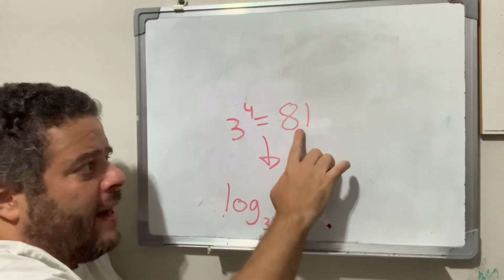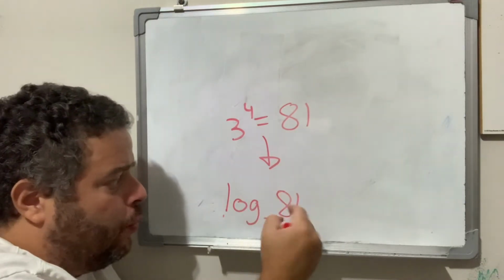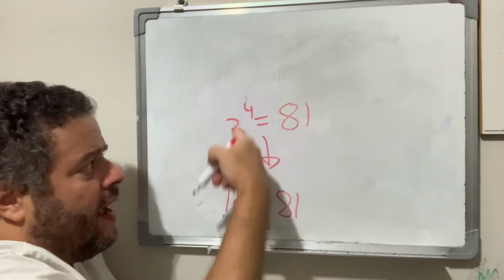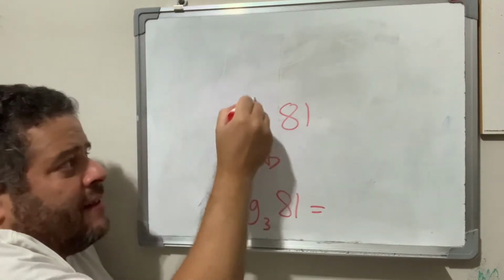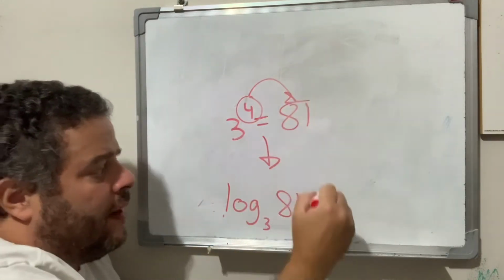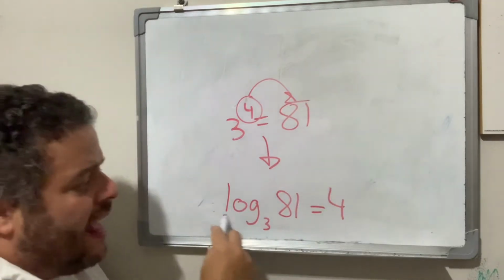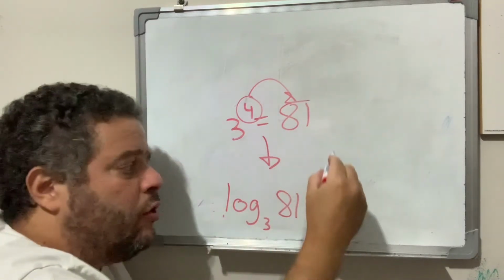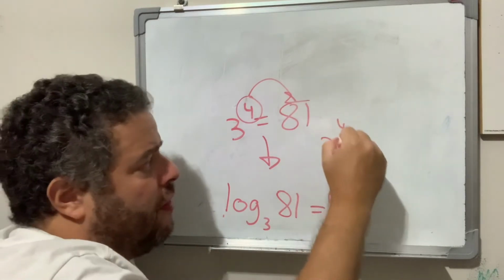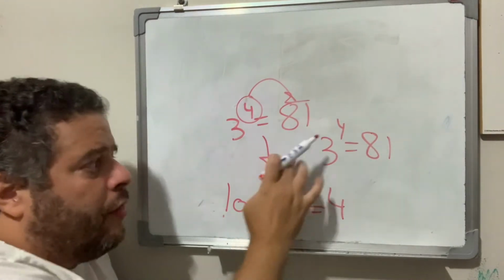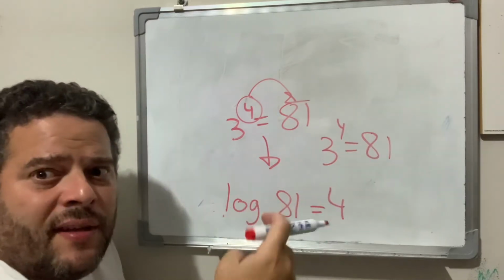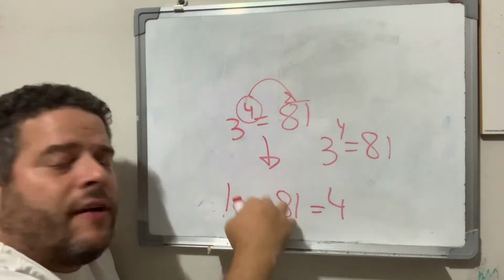What was on the right hand side now moves to the left hand side, and the exponent that is on the left hand side now gets moved to the right hand side. And this is how you would express this exponential function. Okay, so 3 to the 4th equals 81 is the same thing as saying log base 3 of 81 equals 4.